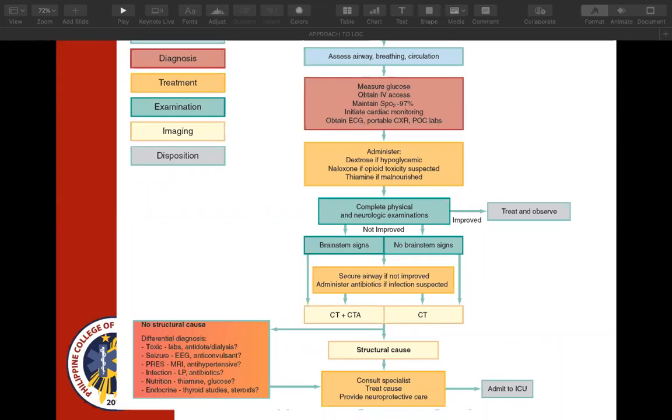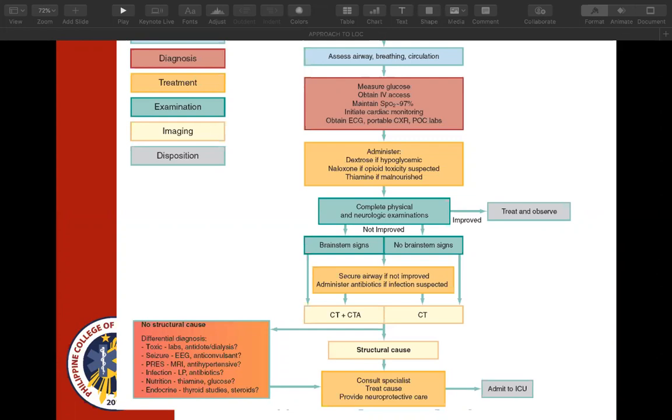Again, it's ABCDE. Check the glucose if the patient is presenting with depressed consciousness, check your O2 saturation, check the status of the heart, get a 12-lead ECG, and then do a complete workup. At the same time, you manage your ABC if you encounter any problem.